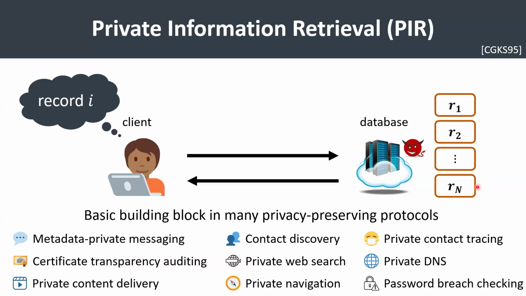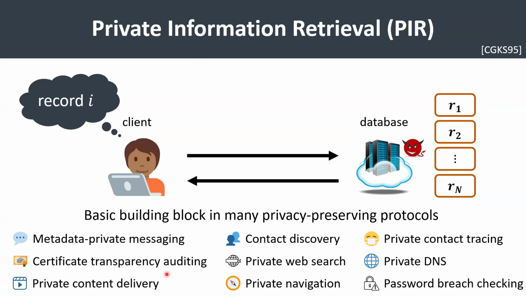So PIR in recent years has become a major tool or major building block in a large number of privacy-preserving protocols. I've just listed a couple on this slide, but there are many, many more. A couple of applications that might be of recent interest: Apple, for instance, has released an SDK for supporting private information retrieval and homomorphic encryption.